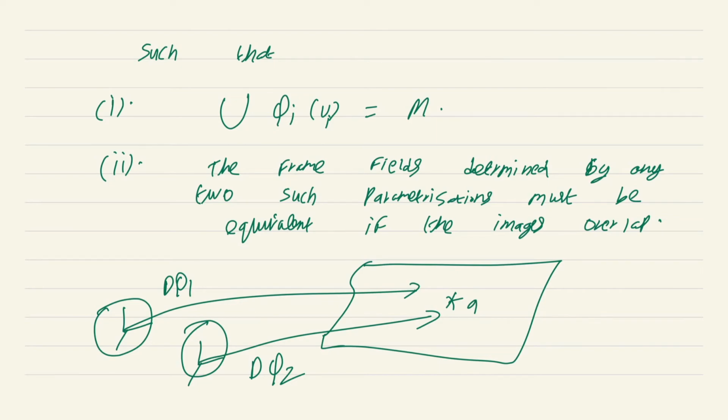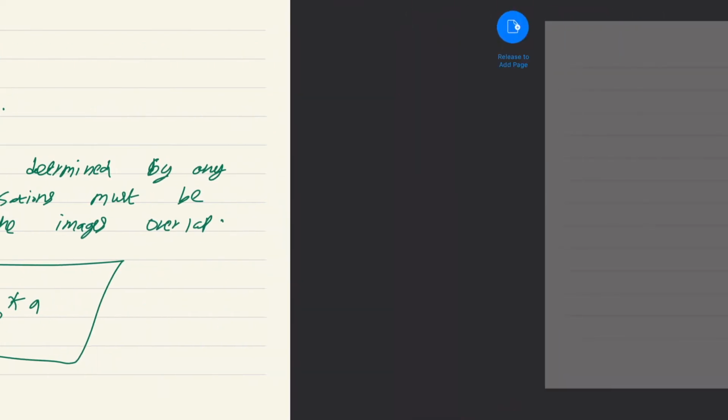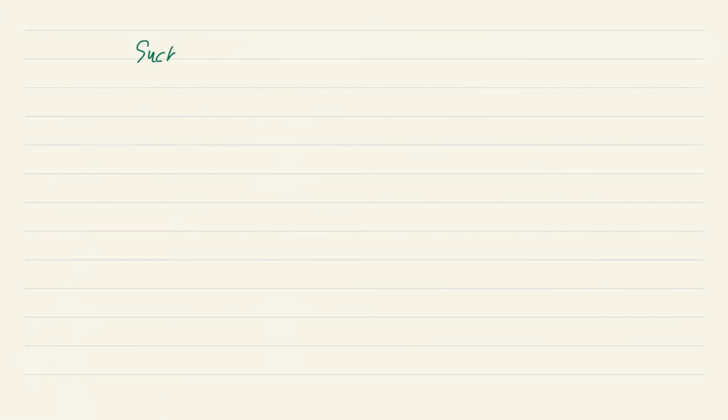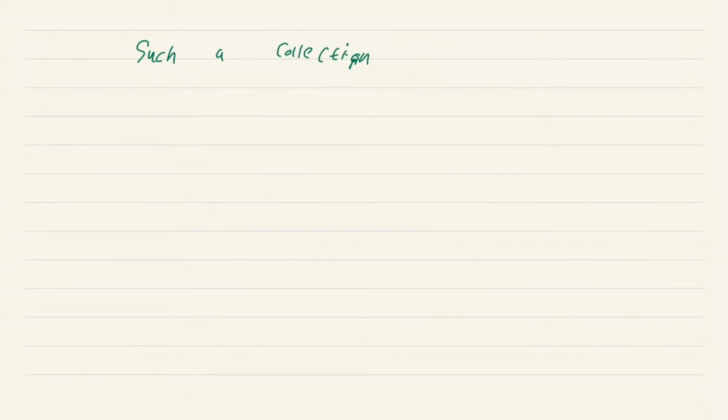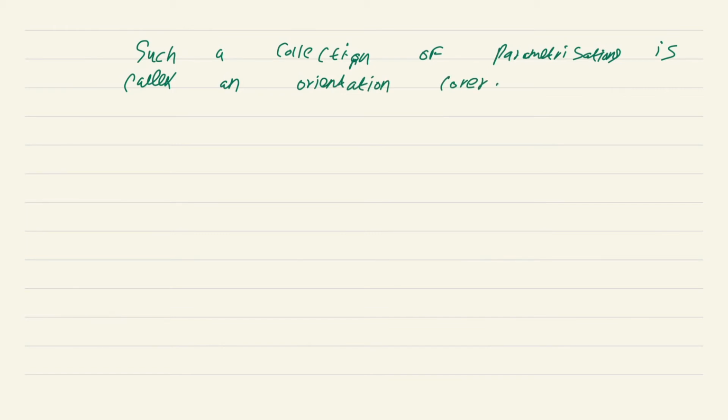Now, such a collection of parameterizations is called an orientation cover. The orientation cover determines the orientation of the manifold.